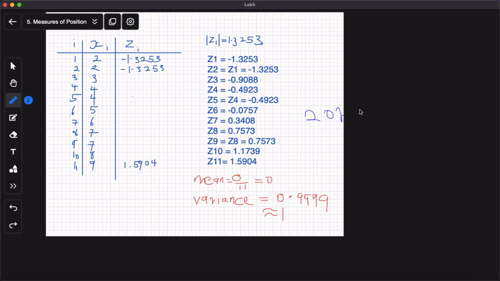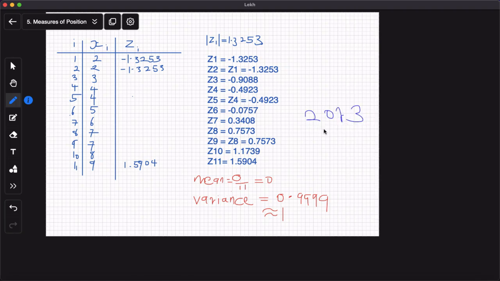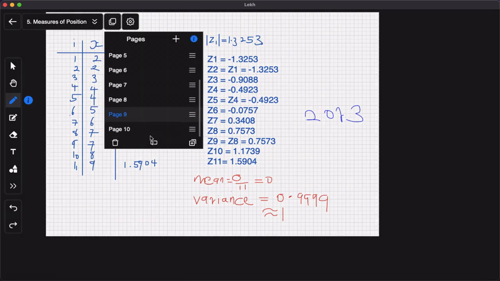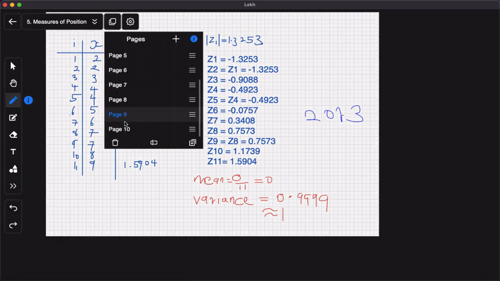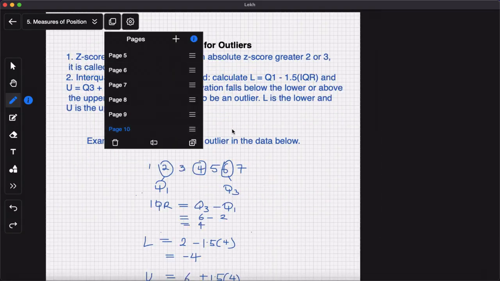So you may use domain knowledge, or you may decide to keep yours at 2 or keep yours at 3 and check if they are greater than 2, or greater than 3. But we don't have anyone greater than 2, neither do we have anyone greater than 3. And in that case, it means we don't have an outlier in the data set.